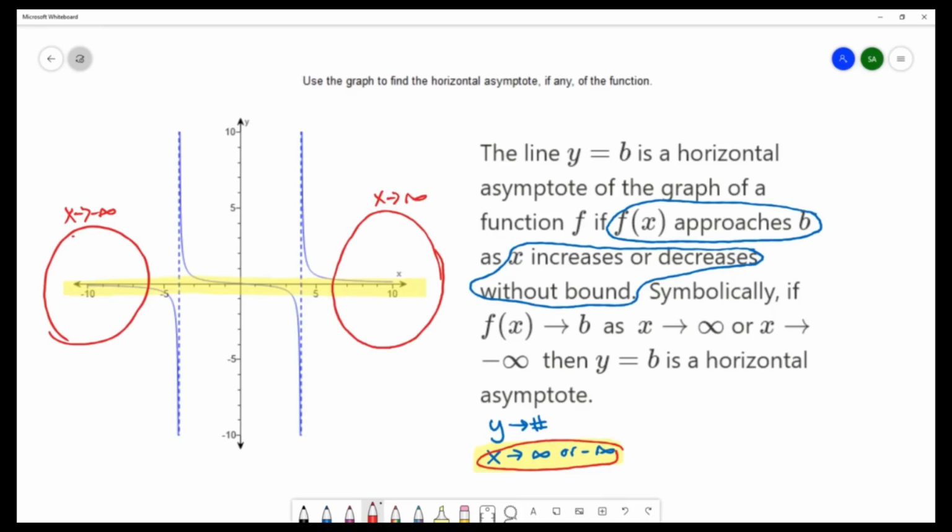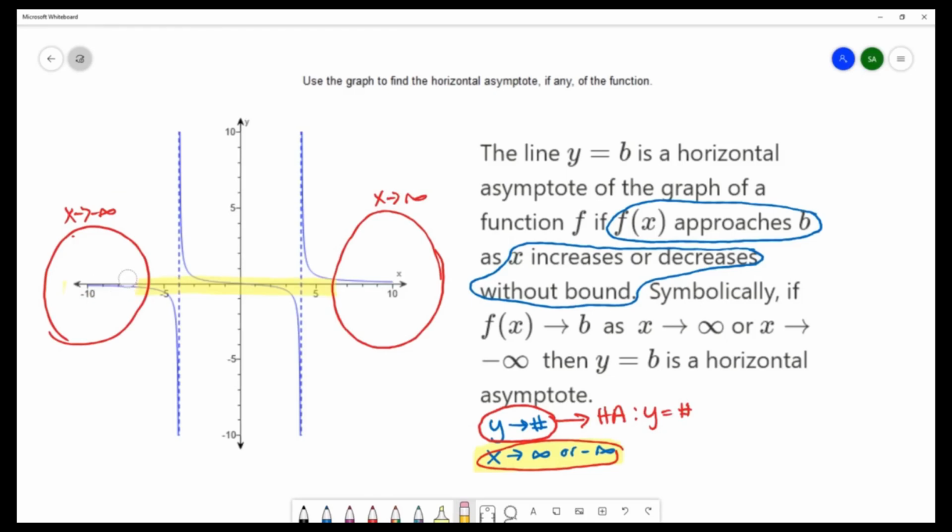And if this graph is going to have a horizontal asymptote, then we need y to approach a certain number. And if y approaches that number, then we have a horizontal asymptote at that number. So let me erase my markings here so that we can see the graph more clearly.